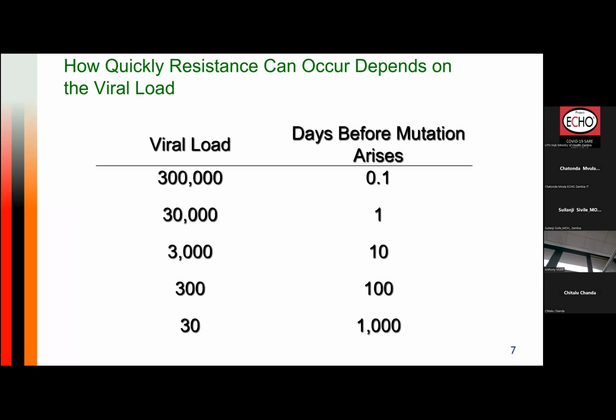So it's also a product of high viral loads, and this is crucial because we go through facilities and we find somebody on ESC for 2 years, 3 years, and so on. So this is really to illustrate that you don't want high viral loads, because you can see that the days before mutations arise tend to be shorter if the viral load is high.